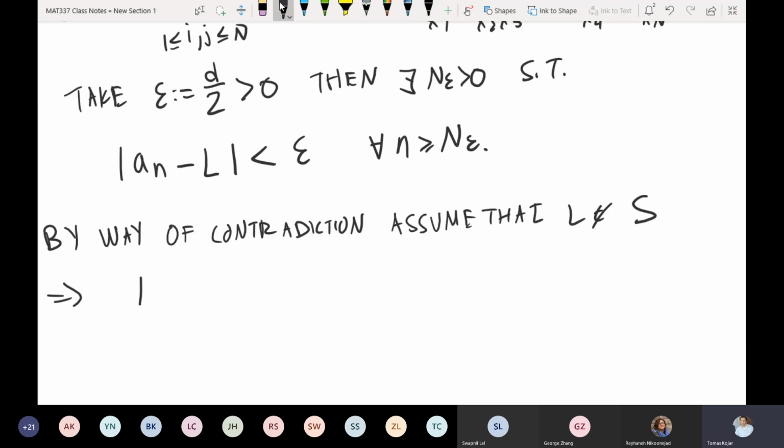Okay, so the distance of L and S is bounded below by epsilon naught.